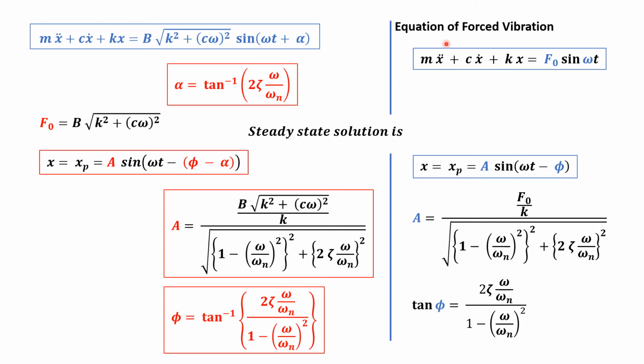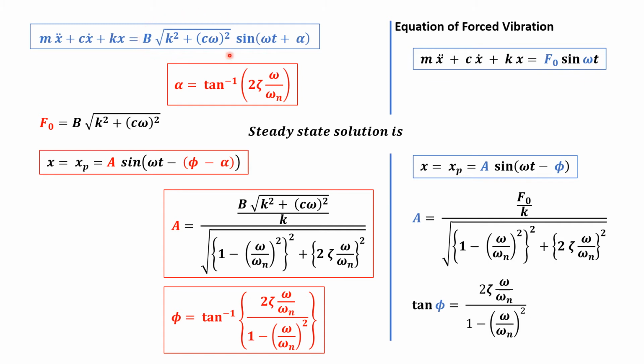Now we know the differential equation of forced vibration is of the type mx double dot plus cx dot plus kx is equal to f naught sine omega t. When we compare this equation of forced vibration with this equation of support motion, we observe that f naught is equal to this term.